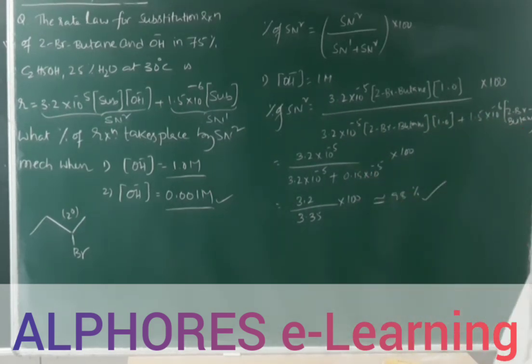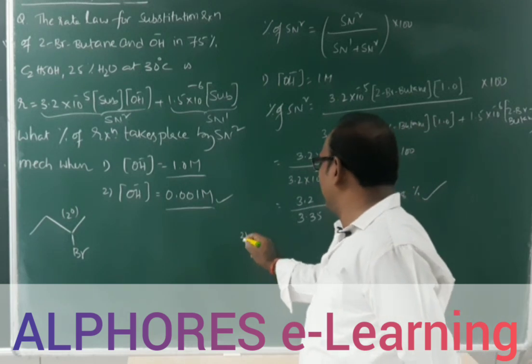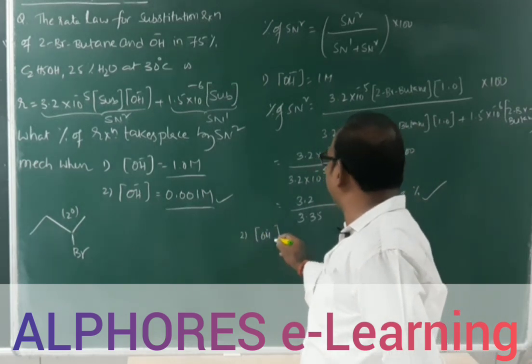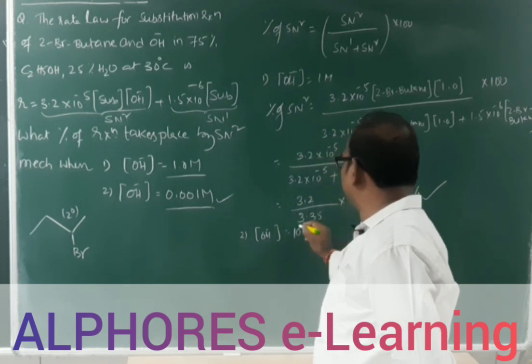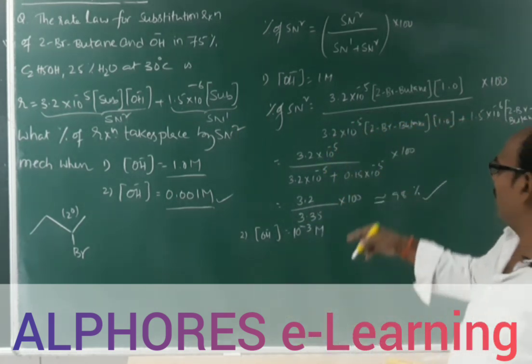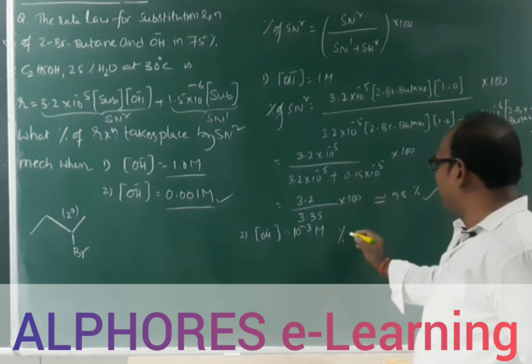That means when the concentration of OH minus is 1 molar, the percentage of SN2 product is 98. Let us check the second case, in which the OH minus concentration is 0.001 molar, meaning 10^-3 molar. Now I'm going to use the same formula.